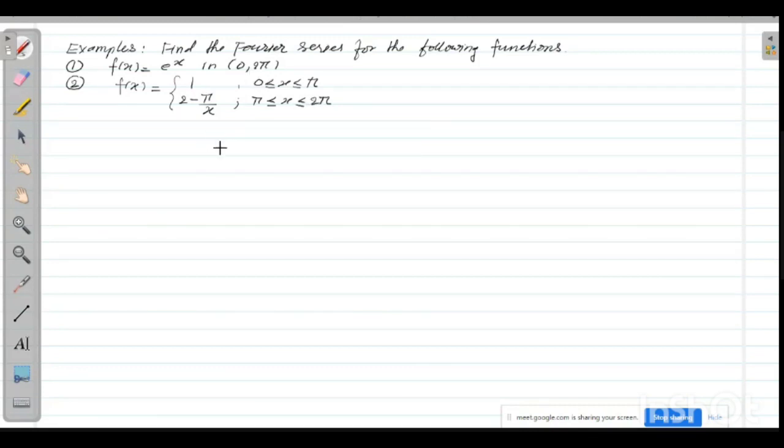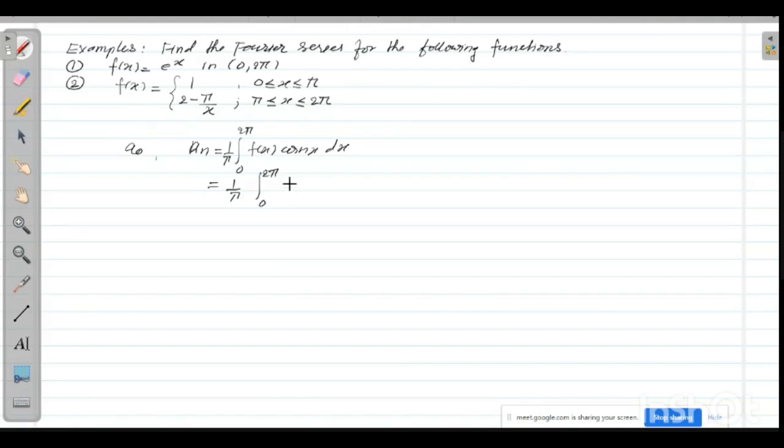See this. How to obtain the Fourier expression of this function? Here you will have the function e raised to x. First you determine a naught by using the formula, and a n. Your formula will be 1 upon pi, integral of f of x cos n x dx, with limit 0 to 2 pi.